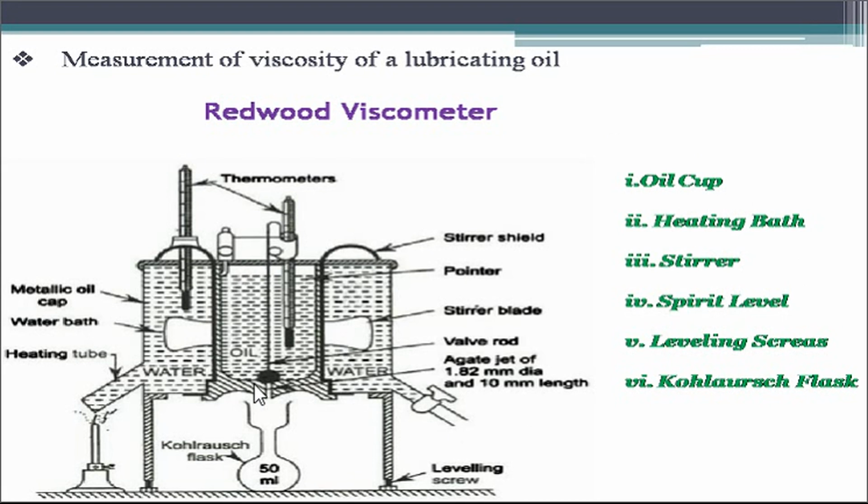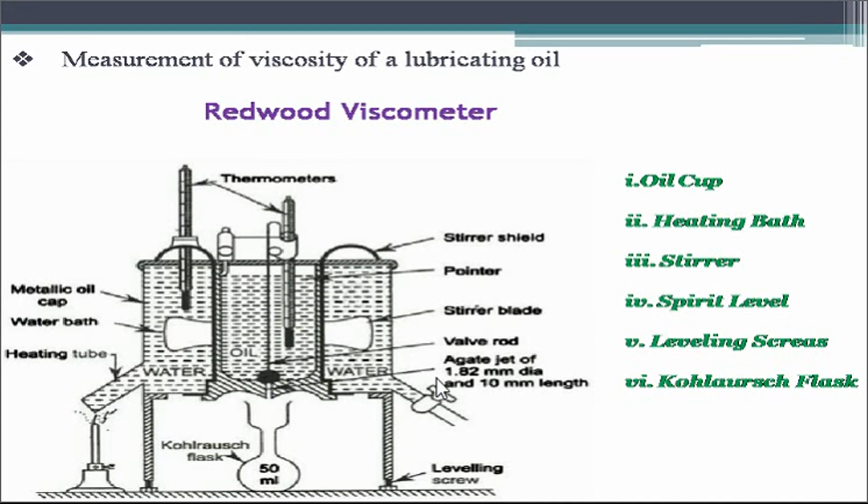Look at here. In the middle there is the oil cup in which the oil whose viscosity we have to determine is filled. It is a silver plated brass cylinder. The upper end of the cup is open. The bottom of the cylinder is fitted with an agate jet.